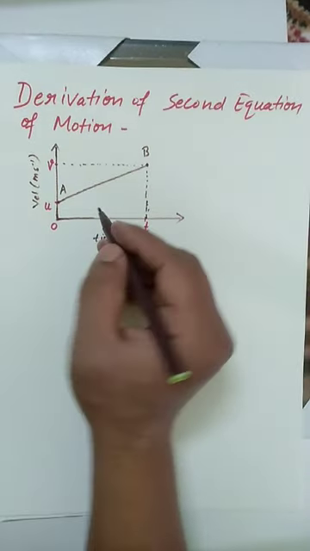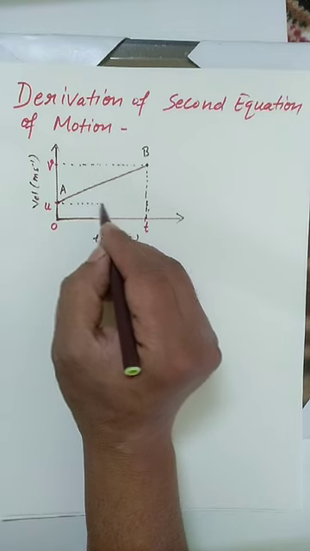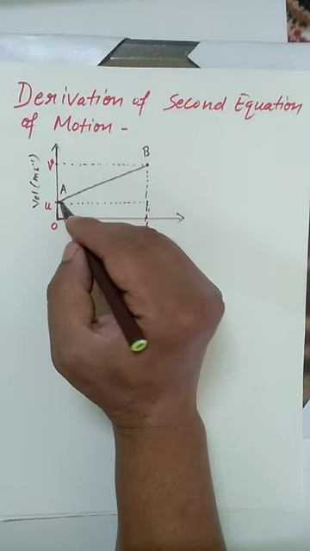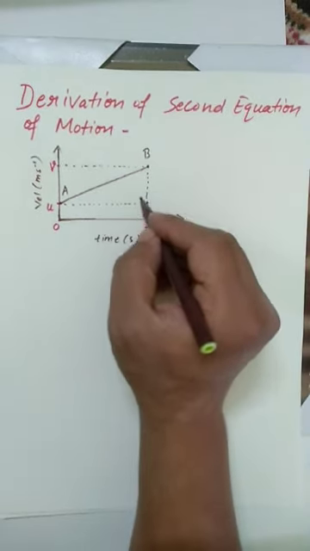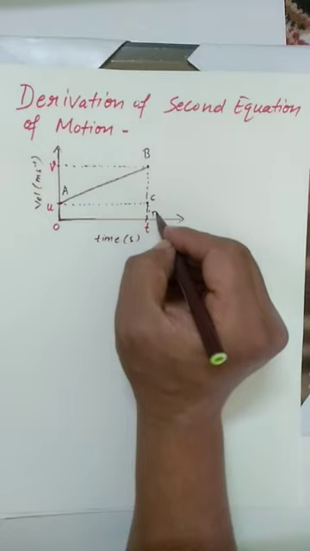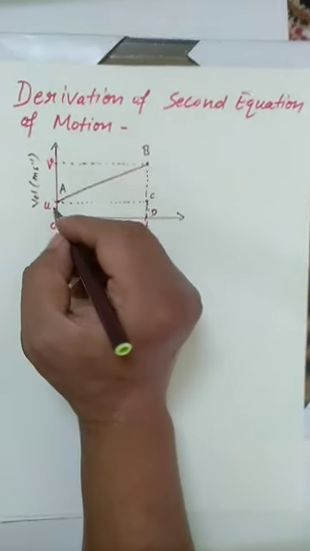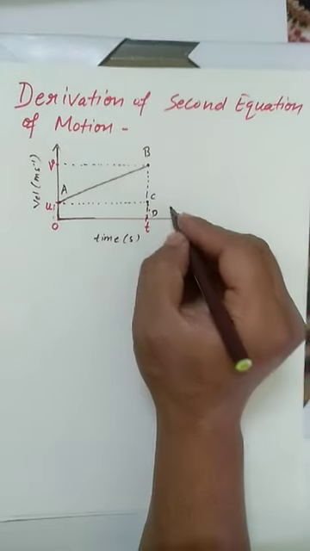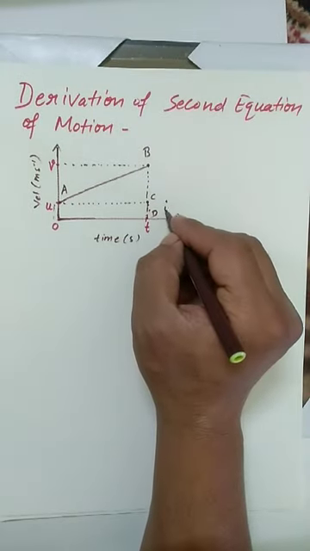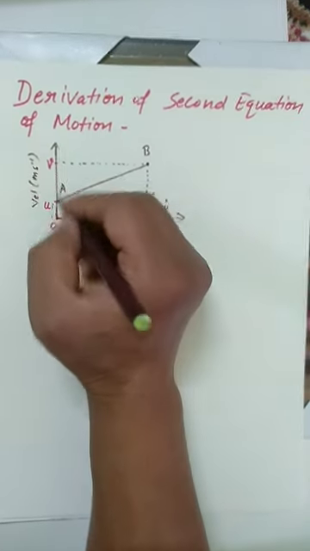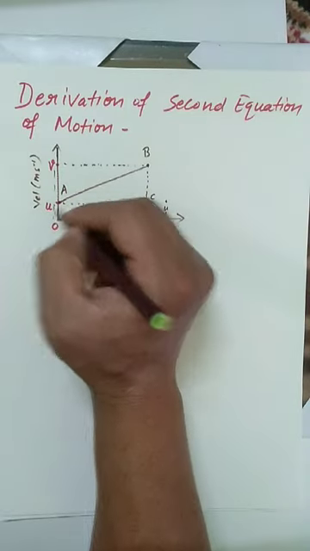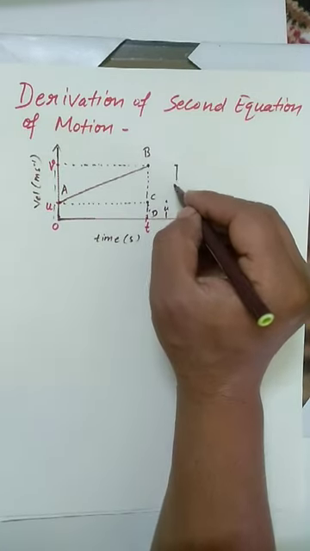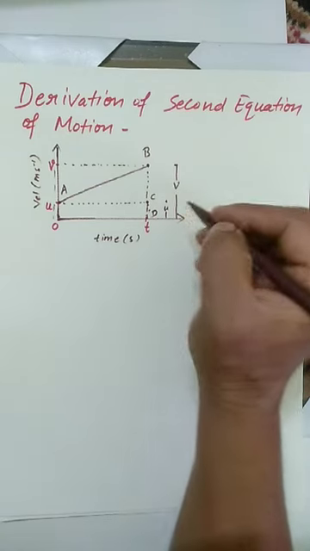Okay guys, write A, B and write C for this point and D for this. Okay, now this is the length u, so this length will also be u, and this length is v, so we can say this will also be v.